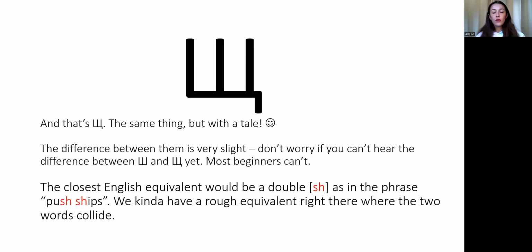We kind of have a rough equivalent of the Russian sound sh right here, where the two words collide. If you pronounce it like that, push ships, you can hear it. It's right there in the middle, okay? Sh. So it's the same, but with a tail, right? Here's the tail. Good.